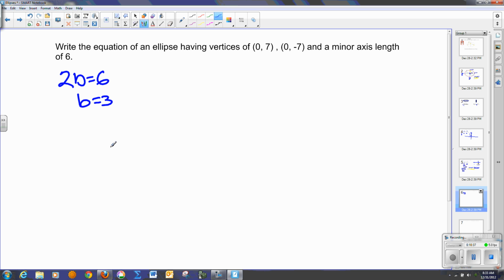If I want to do some sketching here, 0, 7, let's call it here, and 0, -7 would be here. And these are vertices. So this ends up being my major axis. And my center then would be in between those two, or my center's at 0, 0.